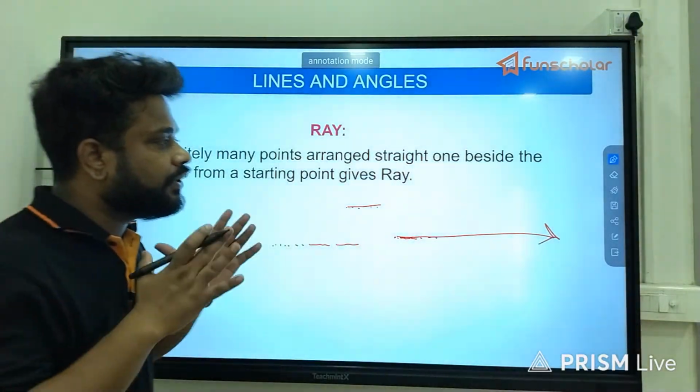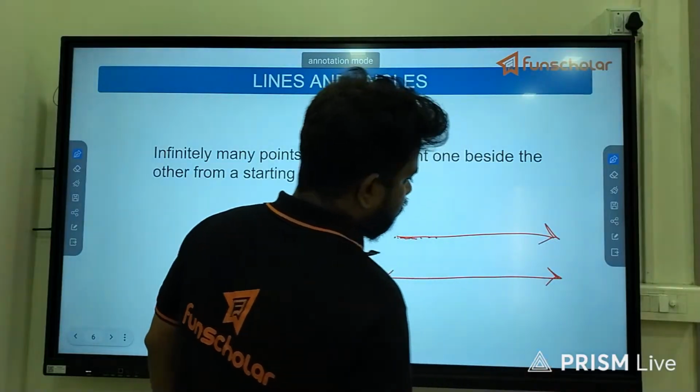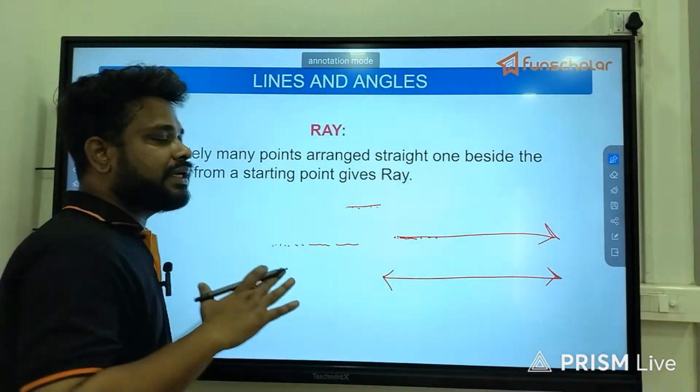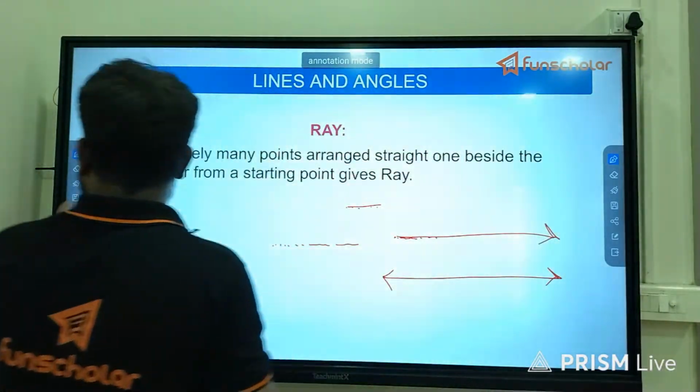But the difference between a ray and a line is that lines can be extended on both sides, but a ray can be extended on just one side.